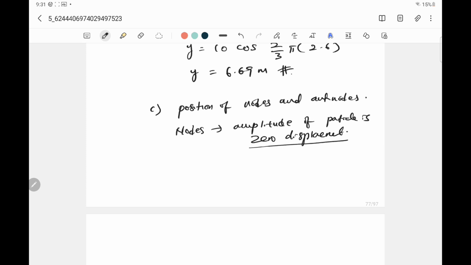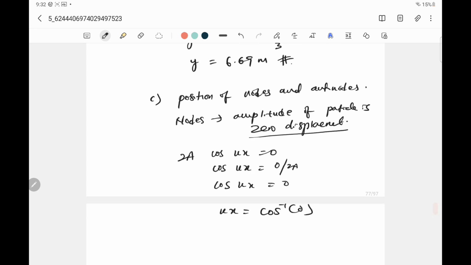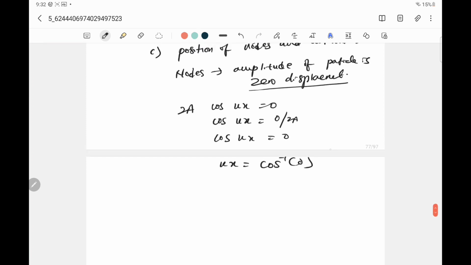Okay, remember zero displacement. So we have 2a cos kx equal to 0. So cos kx equal to 0 over 2a, so it should be 0. Okay, so kx equal to shift cos, and then press your calculator. Don't forget, this one must be in radian mode.